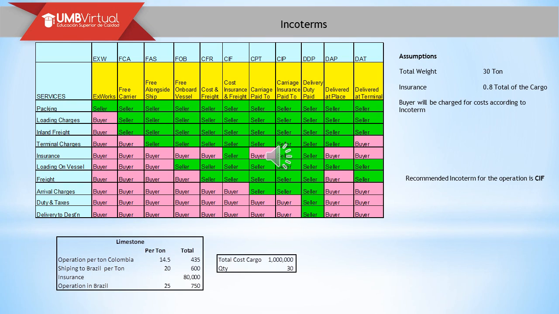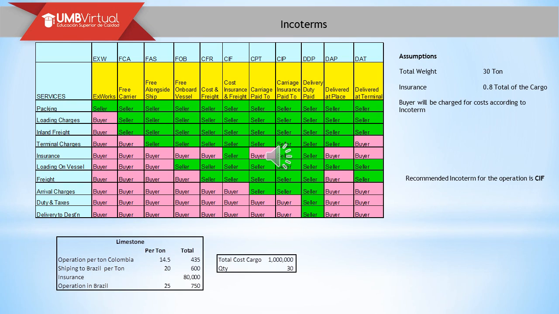Another assumption that I'm going to make is the insurance. We are going to assume that insurance is going to be 0.8 percent of the total of the cargo. And one more assumption for this exercise is that the buyer will be charged for all costs according to the Incoterm.